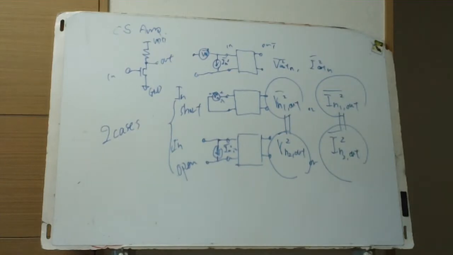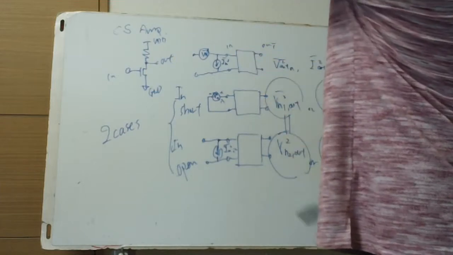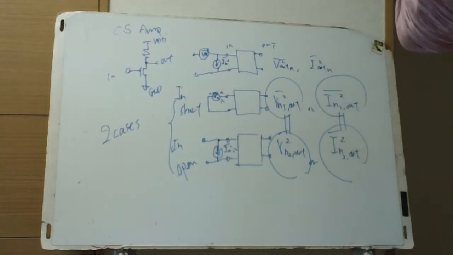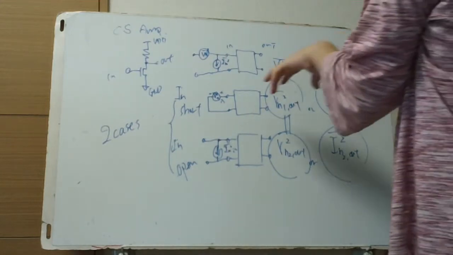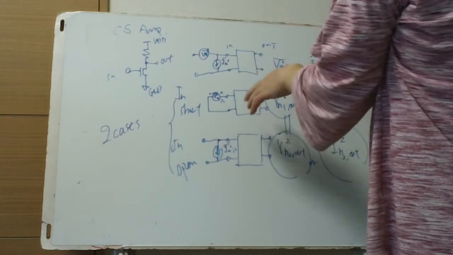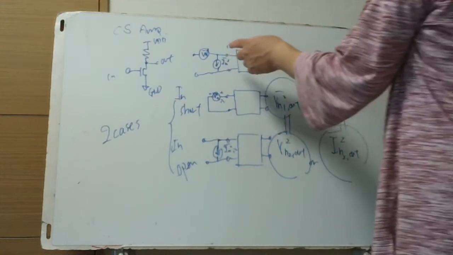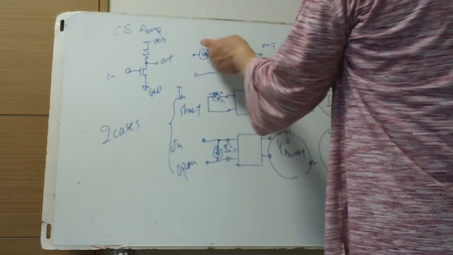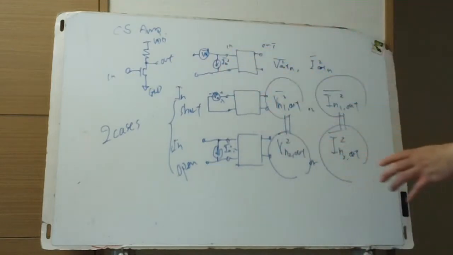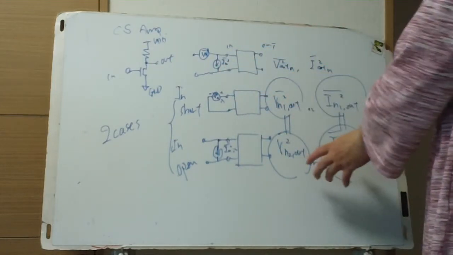Why do we use both of these noise voltage and current sources at the input? Because we need to know both contributions of noise to the output noise.